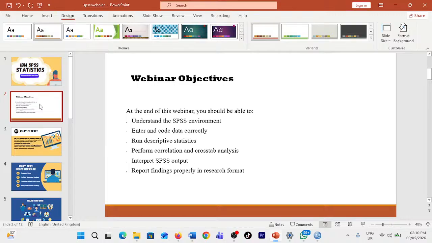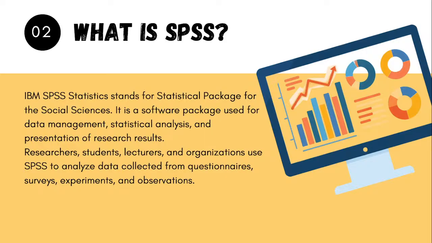So what is SPSS? SPSS stands for Statistical Package for the Social Sciences. It is the statistical package used by social scientists for data management, statistical analysis, and presentation of results.